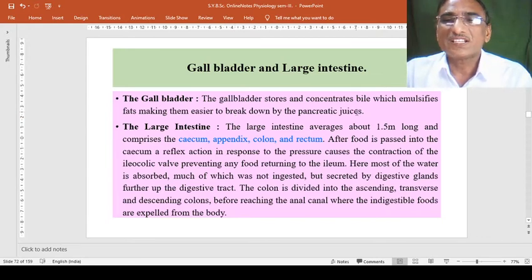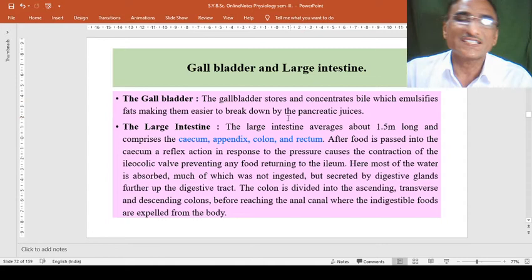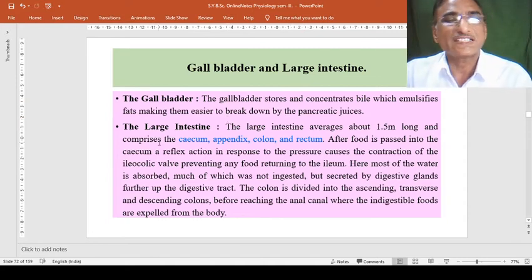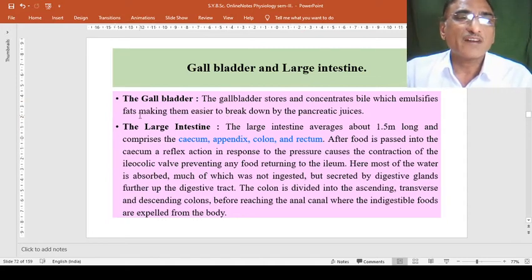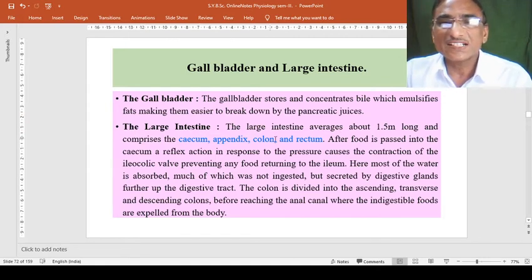So bile juice also helps the pancreatic juice, and both collaboratively digest the food material very well in the intestine.